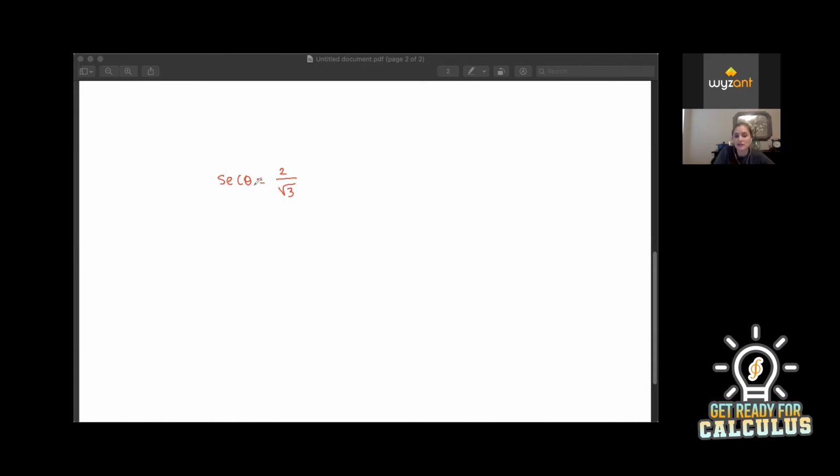So I know if secant theta is 2 over root 3, that means that cosine theta has to be equal to root 3 over 2. I know it's positive. So if cosine is positive, then we're talking about either this quadrant or this quadrant. So I'm going to draw a line in both of them.